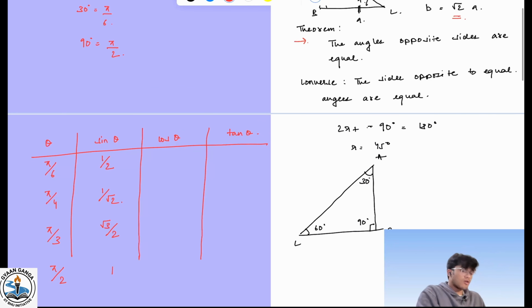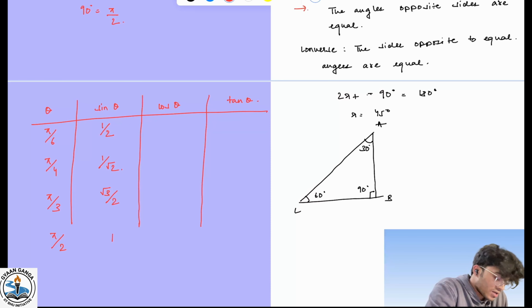Now coming on to the cos function or cos theta. Clearly when you input this into a calculator, you will observe that sine is an increasing function in the sense that these numbers are in ascending order.